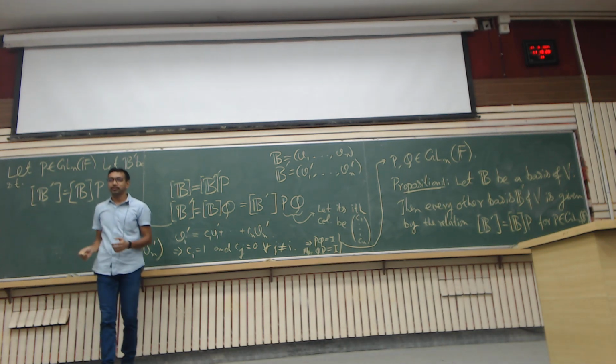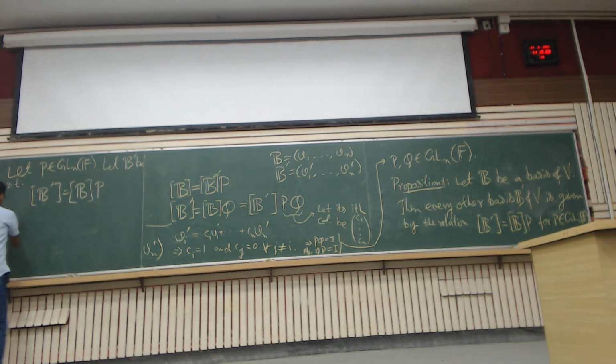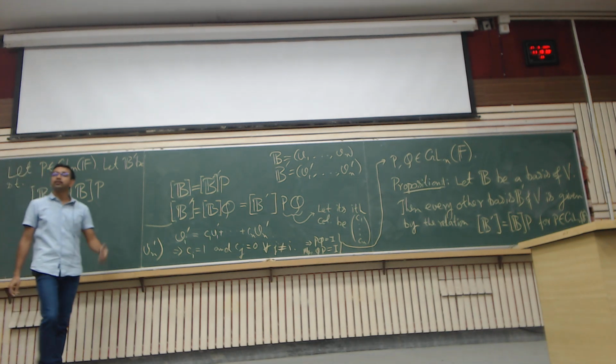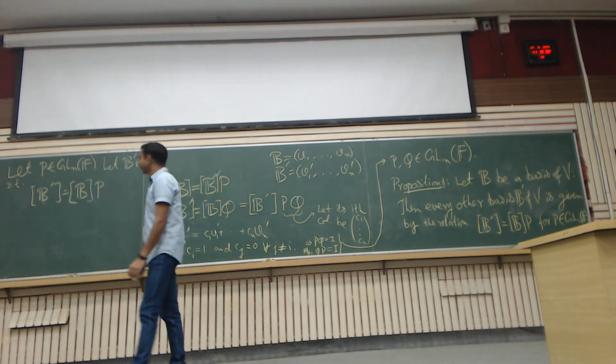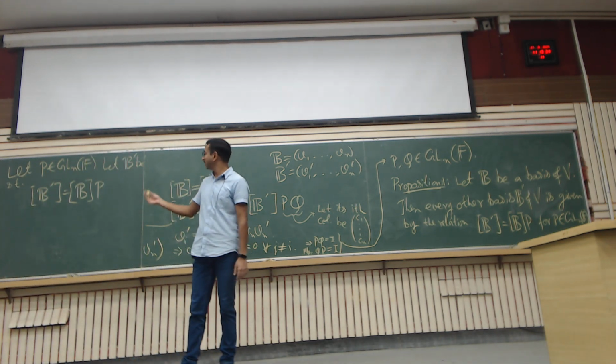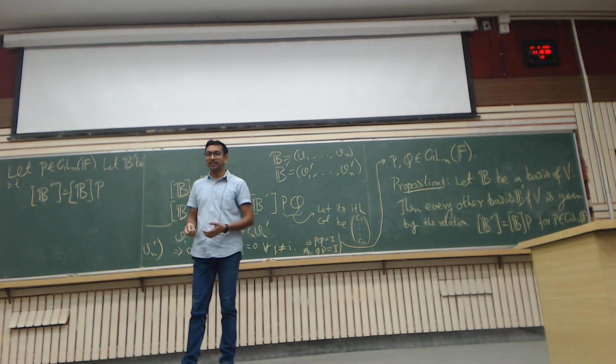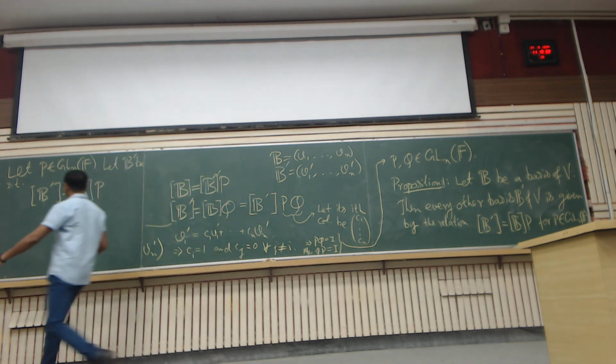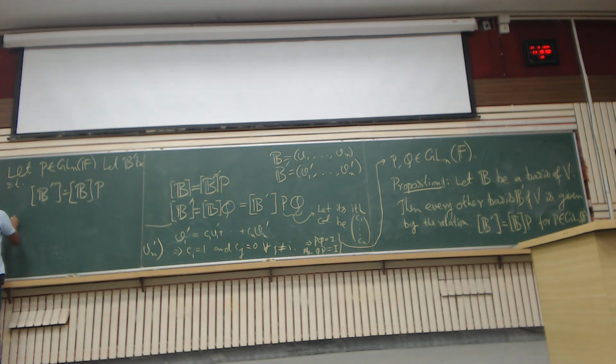So suppose they are not. Won't we have to show that this spans V? No, because once you show that they are linearly independent, they will have exactly the same cardinality. In fact, it's rather easy to show that they are spanning V. You can show either way.